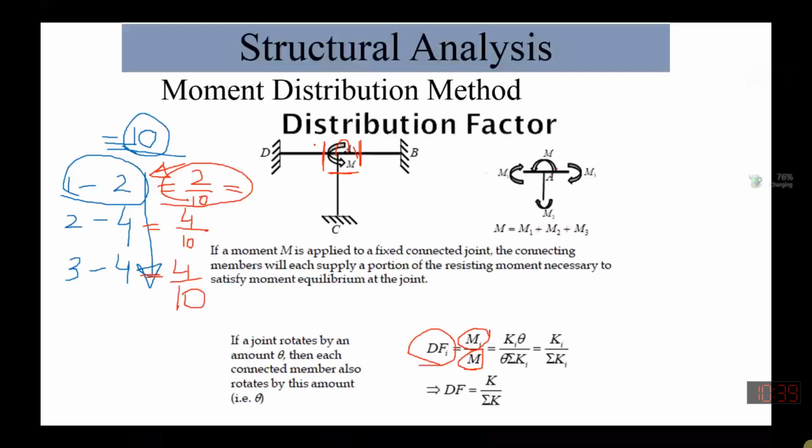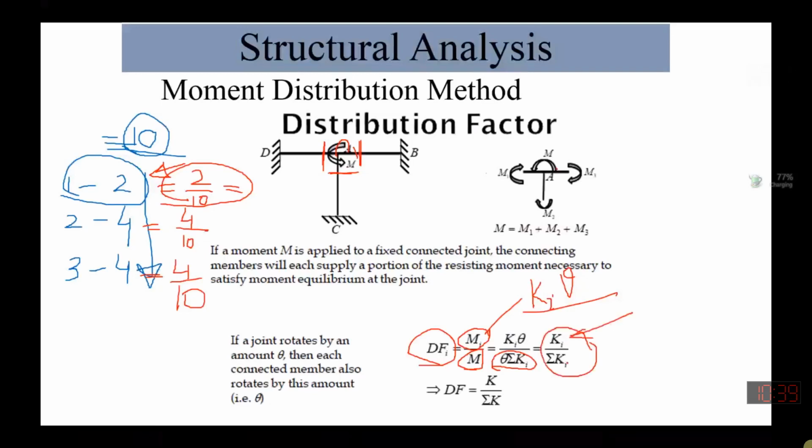Now the individual moment divided by the total moment: the individual moment is equal to ki theta, and the total is equal to theta into the sum of all ki. So the relationship comes out to be the stiffness of the individual member divided by the total joint stiffness.